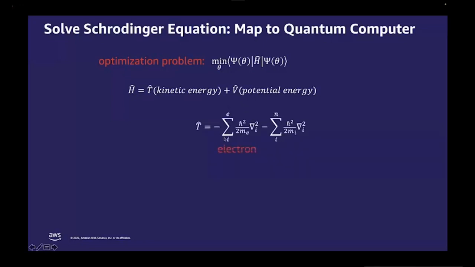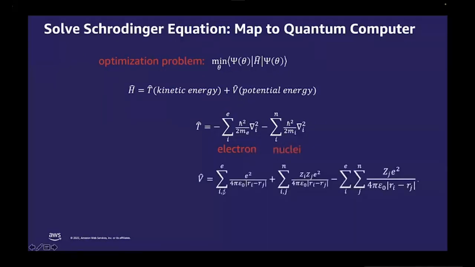It consists of the energy of electrons and also the energy of nuclei. And this is the equation for the potential energy. You can see three terms: the potential energy between electrons, where I use small e here, the potential energy between nuclei, where I use small n here, and also the potential energy between electrons and nuclei.